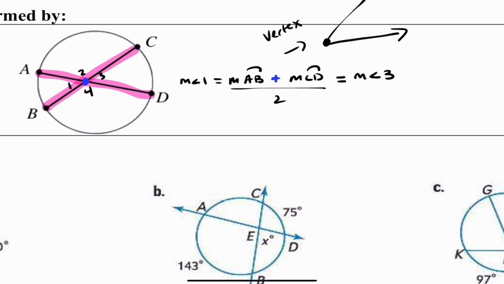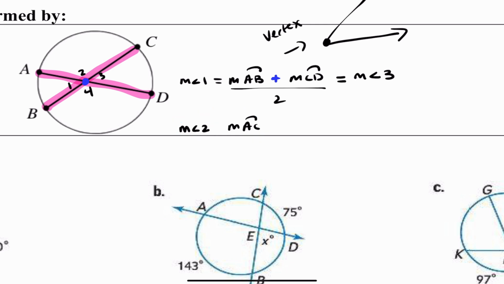Now, let's go ahead and figure out the measure of angle 2. That's the top angle, right? So if I want to find the measure of angle 2, then we look at the top arc and then the bottom arc. We add them up and then divide by 2. So it's the measure of arc AC. Let me go ahead and utilize some room here.